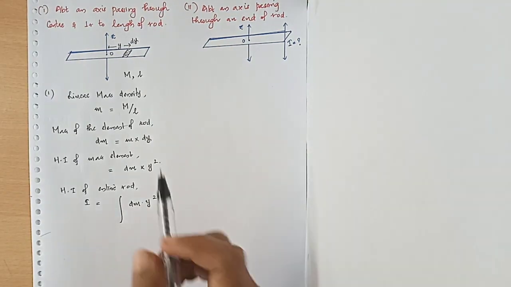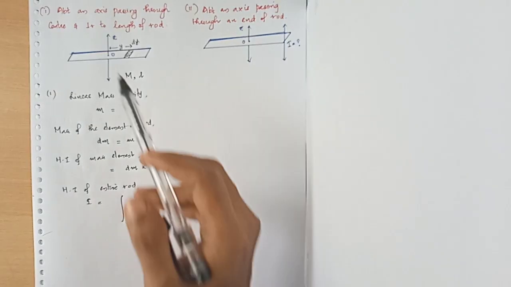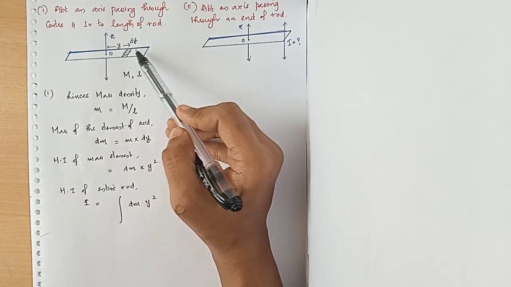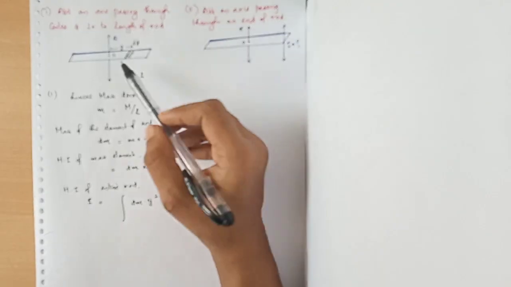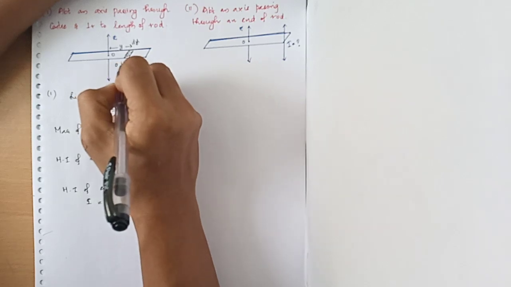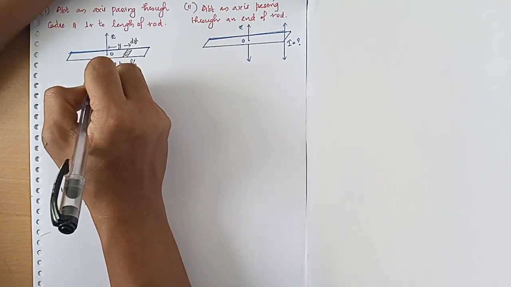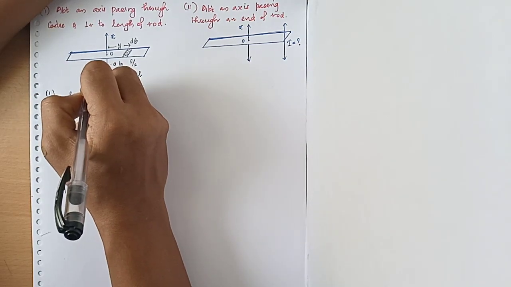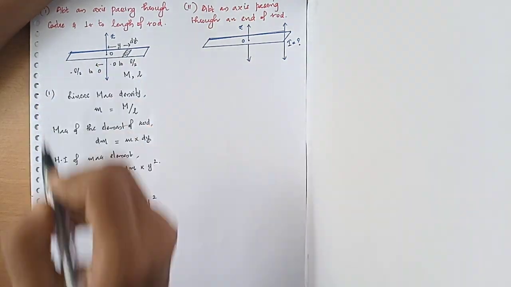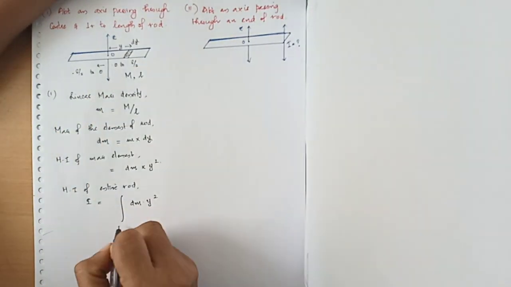And since we are integrating this element along its length, the element can be either on this side of the rod or this side of the rod. On this side the length varies from 0 to L by 2, since L is the total length, and towards this side the length varies from 0 to minus L by 2. So the integration limit here is minus L by 2 to plus L by 2.